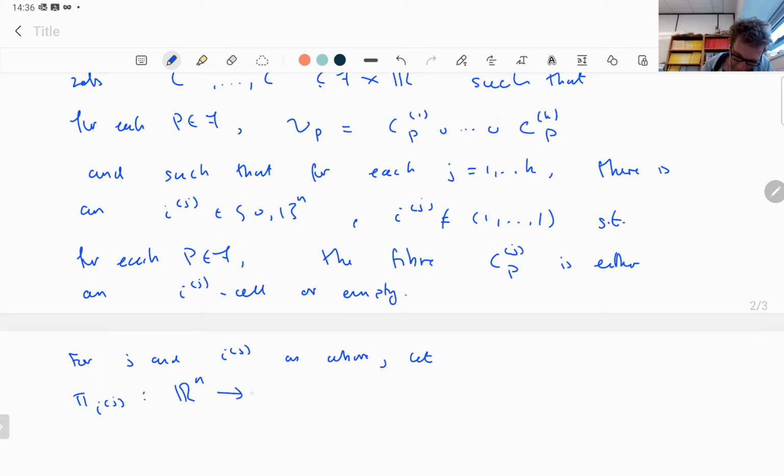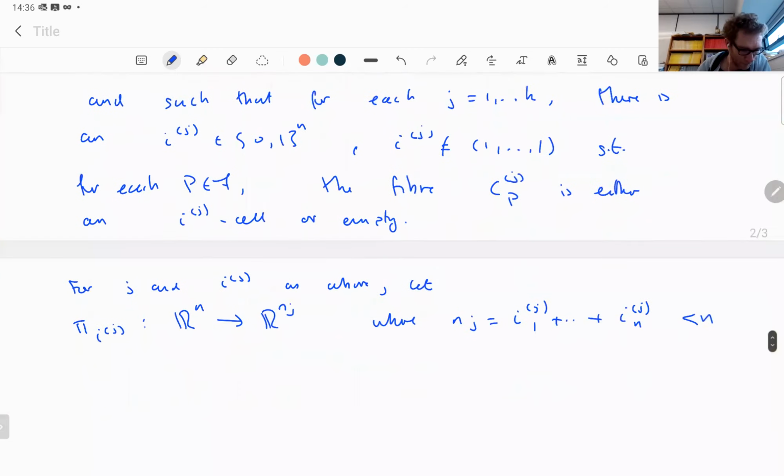It goes from R^n to R^{n_J}, where n_J is the sum of the components of I_J, I_J1 up to I_Jn, and that's less than n because we've excluded the all ones.